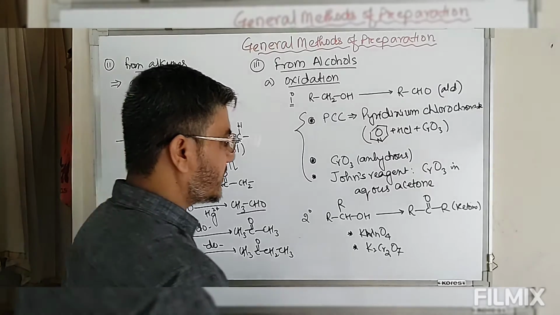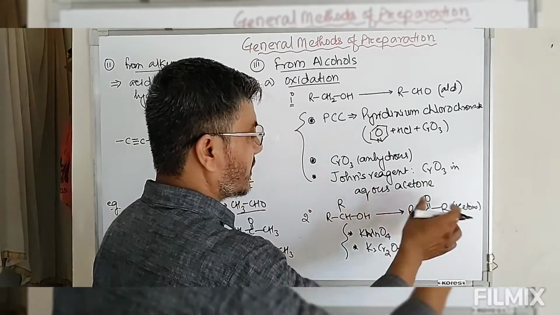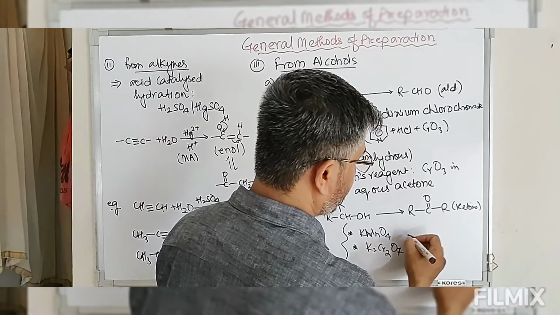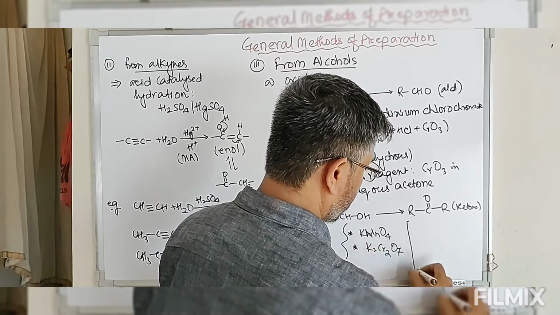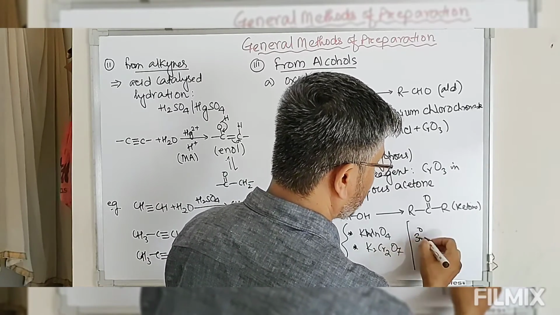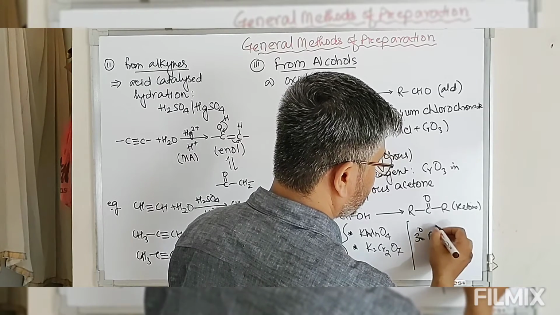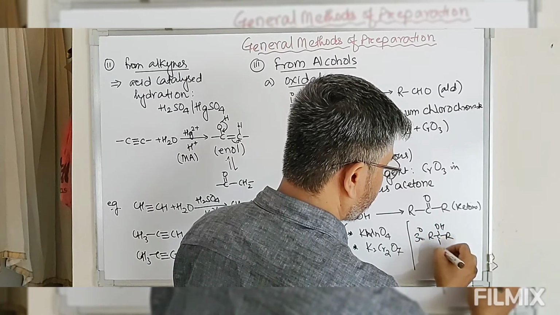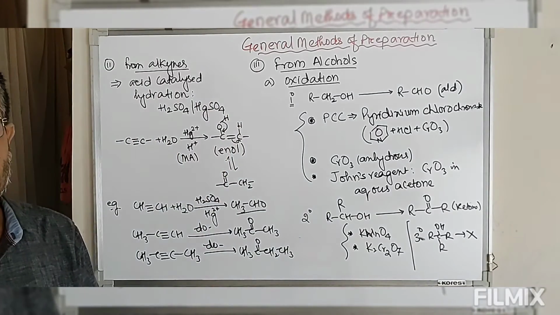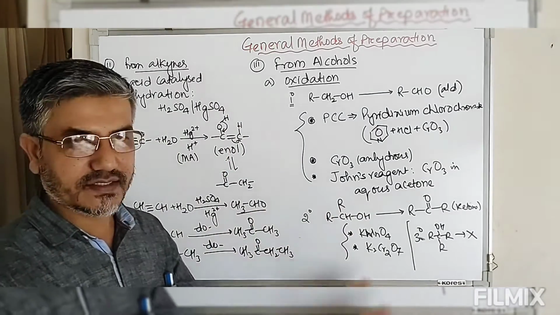So this is the reagent that could be used for conversion of secondary alcohols into ketone. But now look at this, we have tertiary. Tertiary alcohols cannot be oxidized to give you aldehydes and ketone. No oxidation of tertiary alcohol is possible to give you aldehydes and ketone.